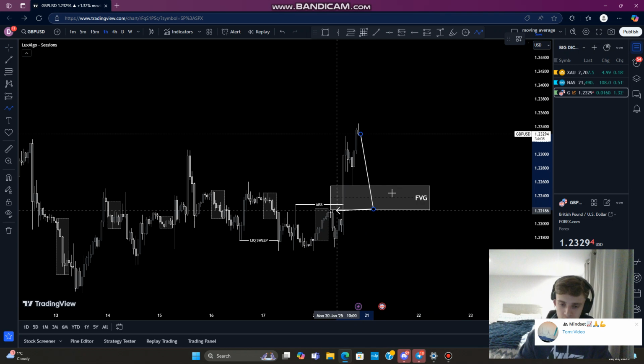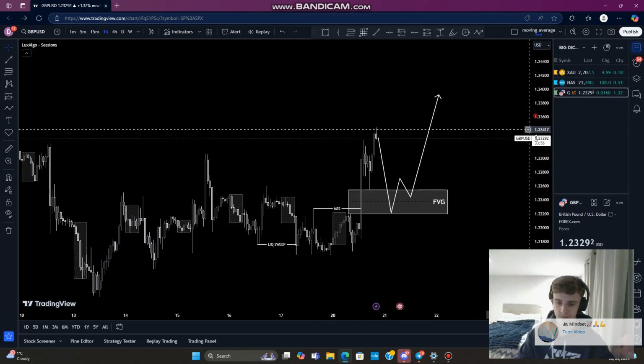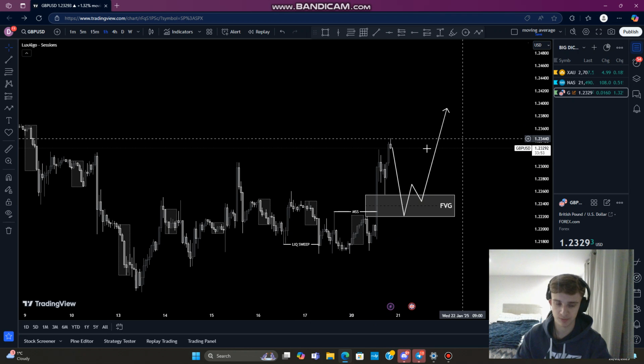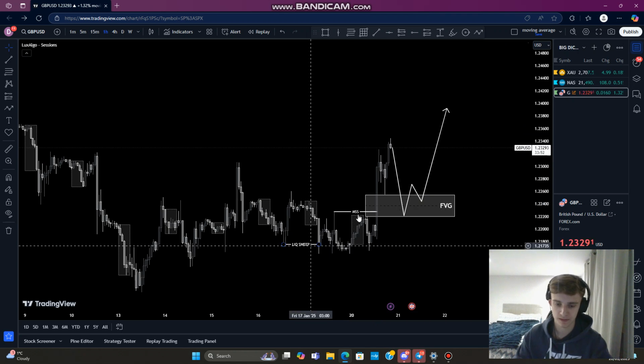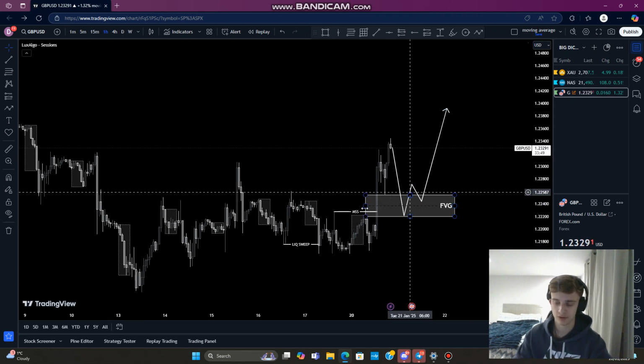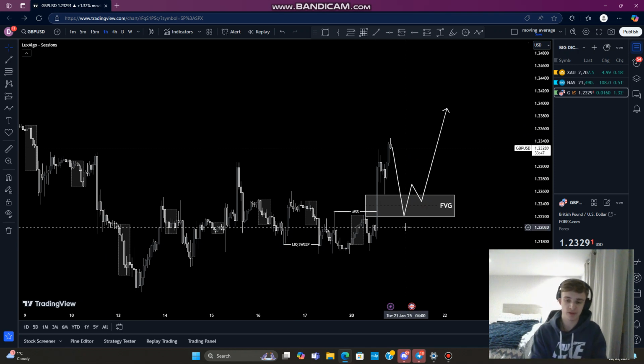So you see this, it's pretty simple. Sweep, break, we spot our fair value gap, because when a break of structure happens, it'll most likely always leave a fair value gap.